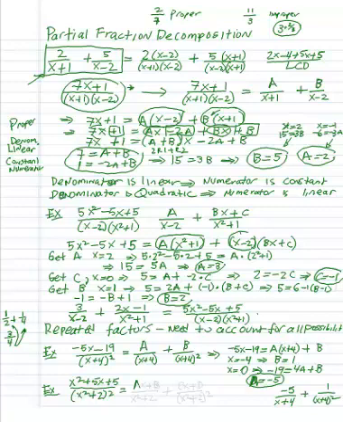So my first numerator would have to be Ax plus B divided by that quadratic, x squared plus 2. And now to account for the repeated factor, my second denominator would have to be x squared plus 2 squared. But my numerator would have to be a linear factor, Cx plus D.